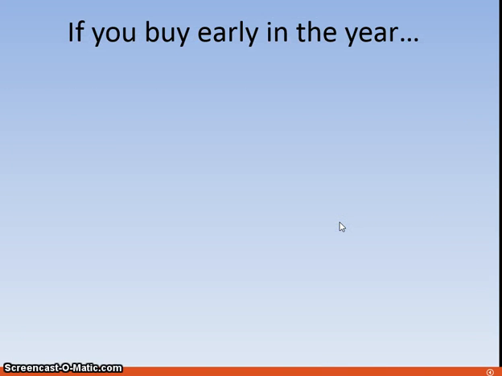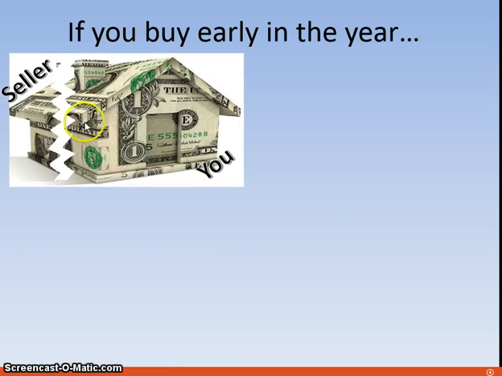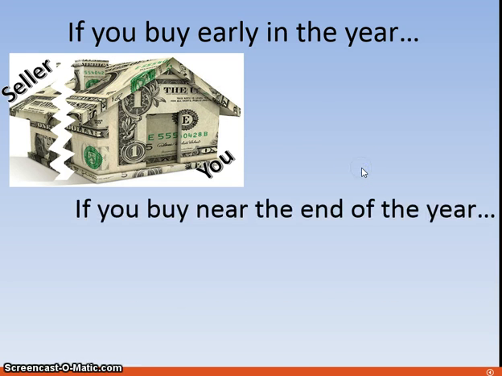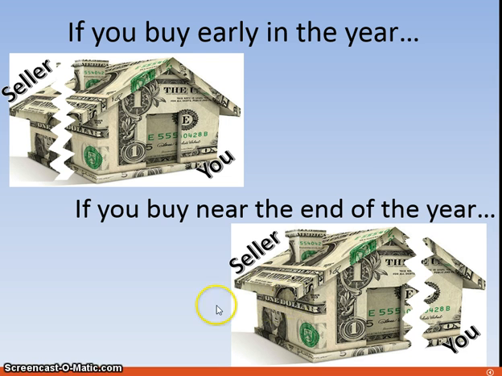However, if you buy early in the year, the seller would pay a small portion and you would pay more of that amount because you've owned the house most of the year. If you buy near the end of the year, the seller would pay most of the tax amount and you would pay a smaller portion because you owned the house less time.